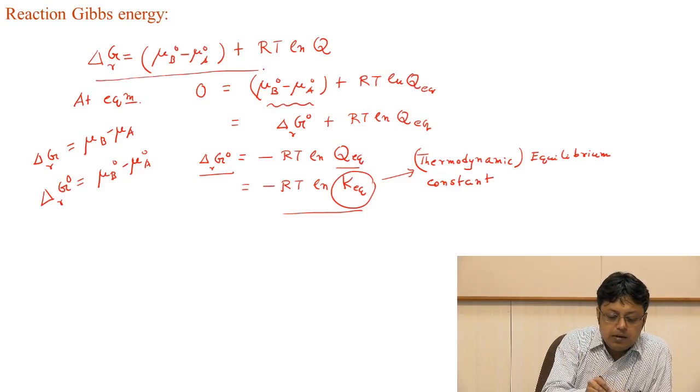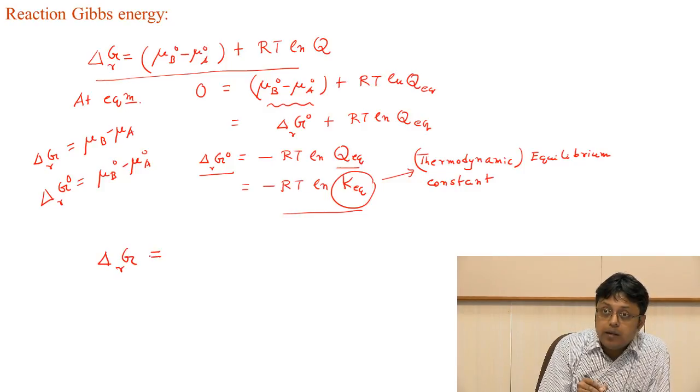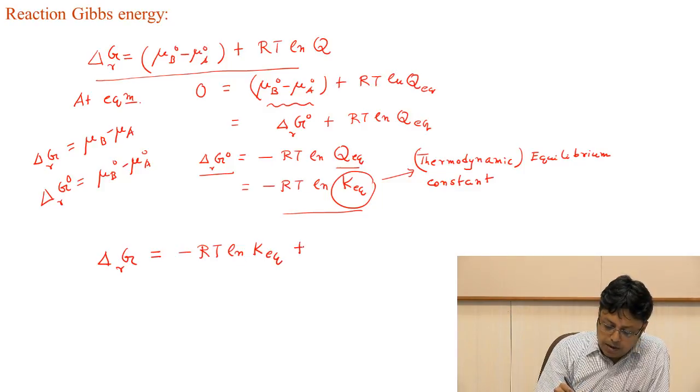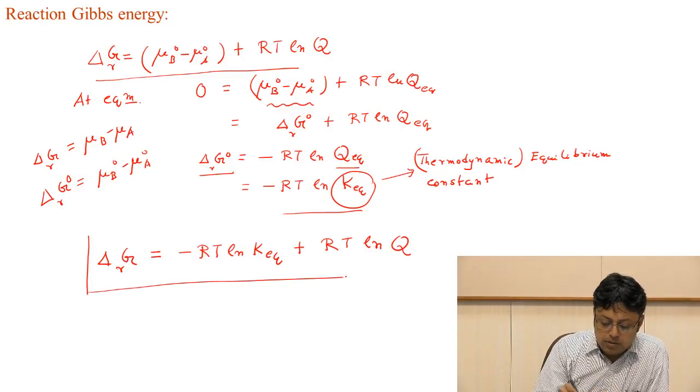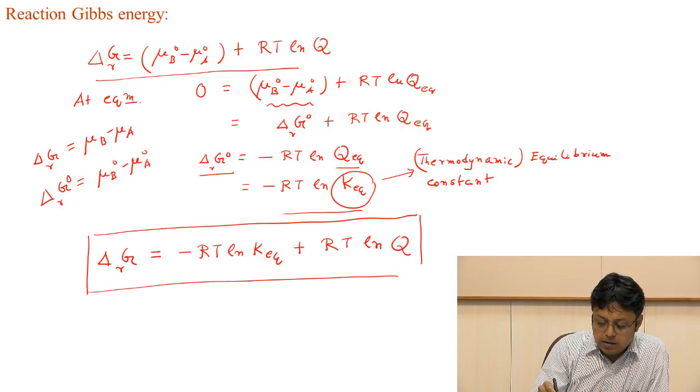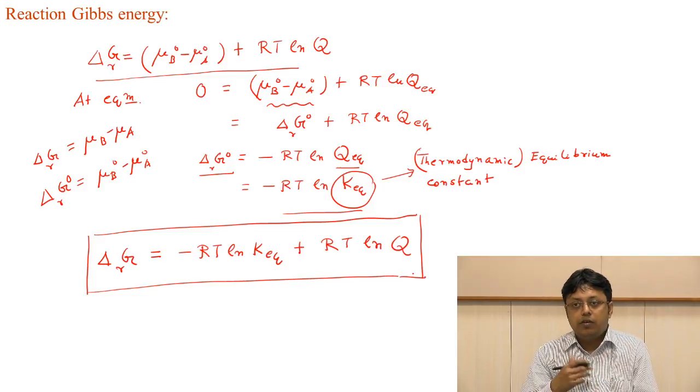So you can now write the original equation as the reaction Gibbs free energy is given by delta G0, which I'm writing as minus RT ln K equilibrium, plus RT ln Q, where Q is the reaction quotient. When delta G is 0, K and Q are equal at equilibrium. This is a nice compact way of writing the Gibbs free energy change for any reaction.